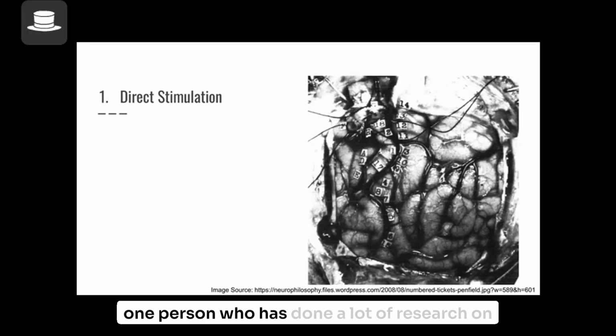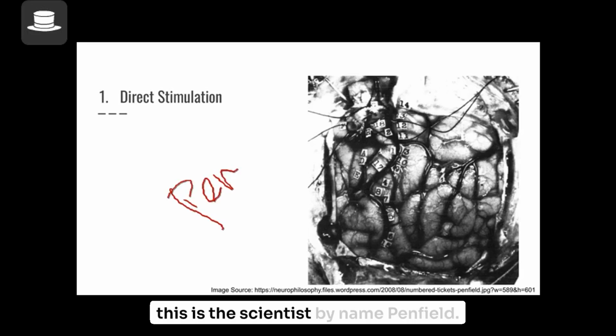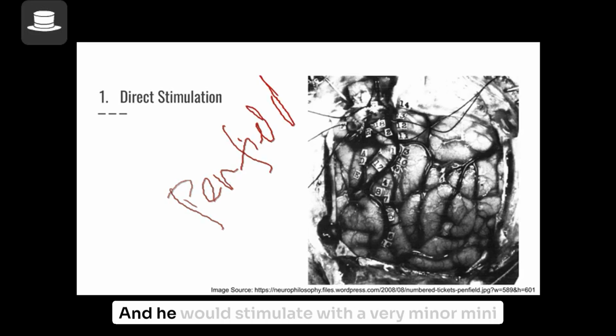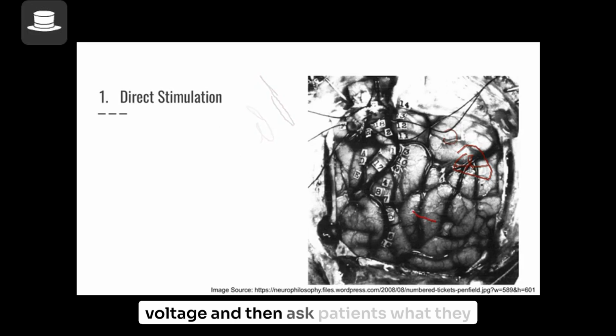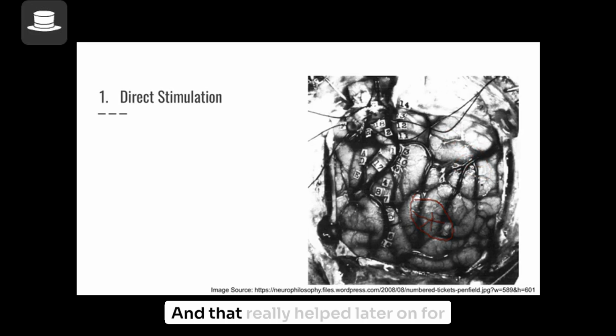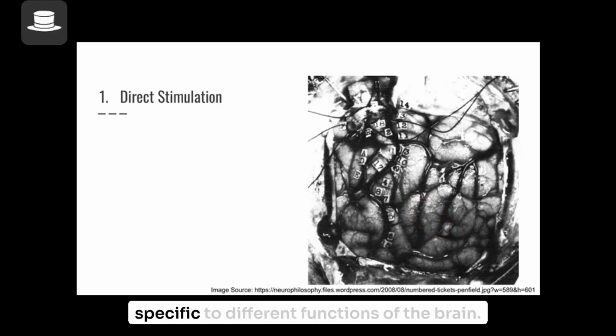And one person who has done a lot of research on this is the scientist by name Penfield. And he would stimulate with very minor mini electrodes, or the electrodes with very little voltage, and then ask patients what they experience. So the visual cortex experience, they would see something, the auditory, they would hear something, and things like those. And that really helped later on for researchers to actually pinpoint different structures specific to different functions of the brain.